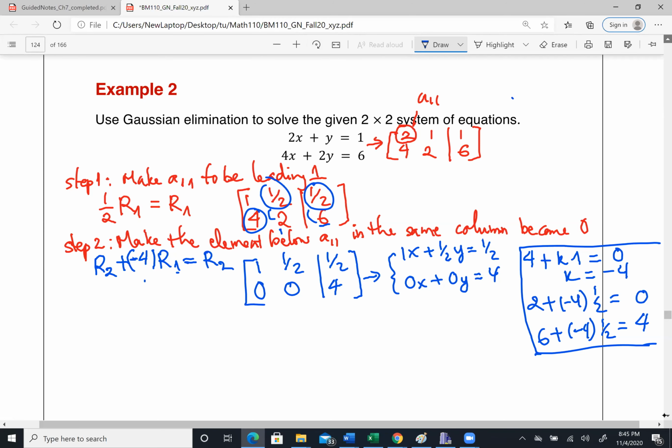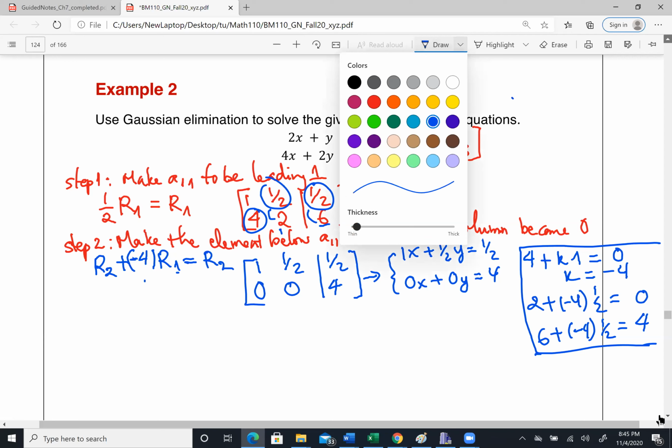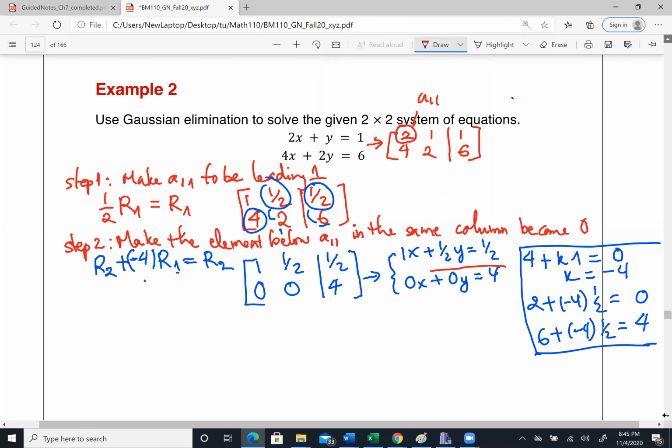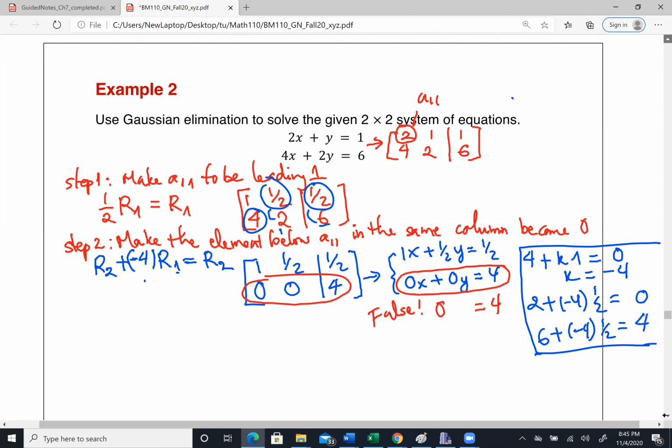But please take a look at the second equation on the second row here. You see it actually means 0 equals 4. Can you make it true? It's always a false statement, so I'm going to say no solution right away.